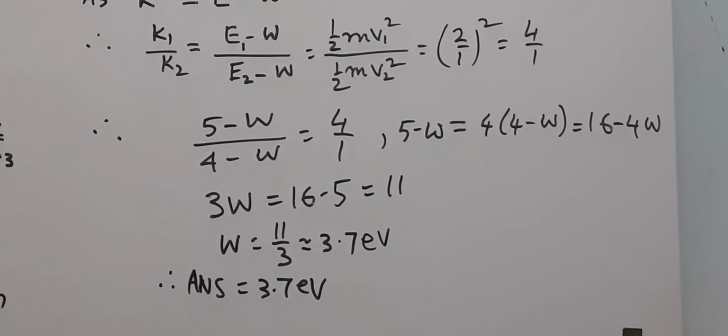So, V1 by V2 whole square will be there. So, this ratio we can substitute 2 is to 1, from here we can get 4 by 1. Solving this we can find out work function here 11 by 3, that is approximately 3.7 electron volt. So, this answer is available in A. So, choice A will be answer.